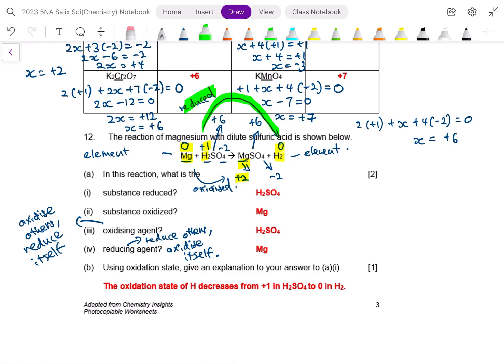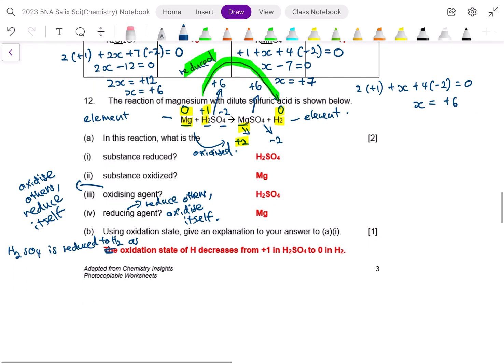Okay, so the next part requires you to explain your answer to part A1. Why is your H2SO4 reduced? Because the oxidation state of H decreases. If you want to add on, you can say that the H2SO4 is reduced to H2. Oxidation state of H drops from +1 in H2SO4 to 0.